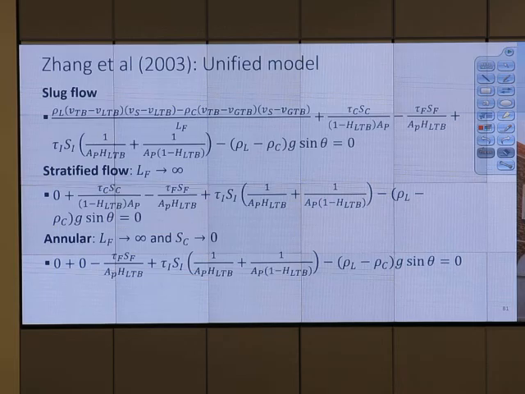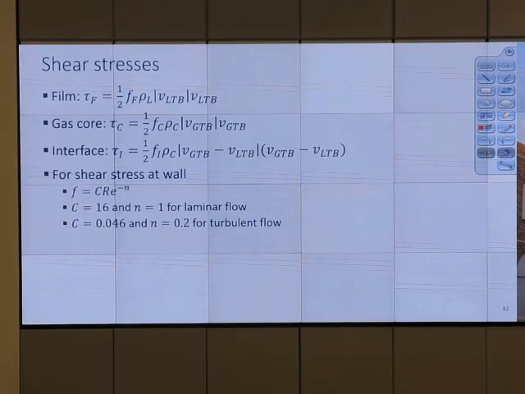If you want to do stratified flow, set LF going to infinity, so this term becomes 0, right? For annular flow, LF goes to infinity and SC goes to 0, that term is gone. That's the idea.